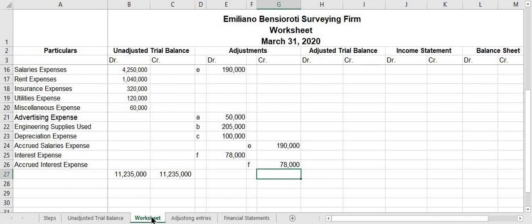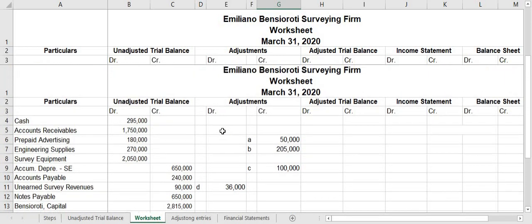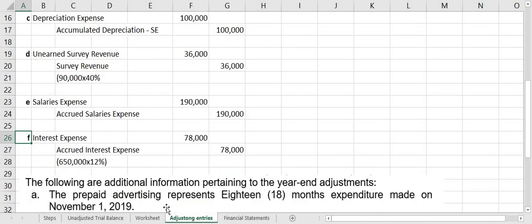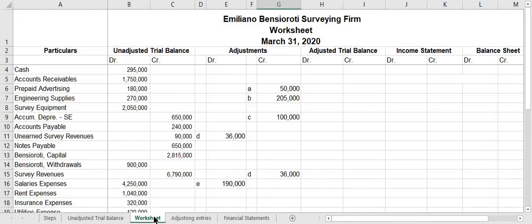Now, after transferring the adjusting entries or the adjustments into the adjustment column of the worksheet, you have to check if tama ba yung pagkalagay mo or pagka-transfer mo ng mga adjustments sa iyong worksheet or sa adjustment column.